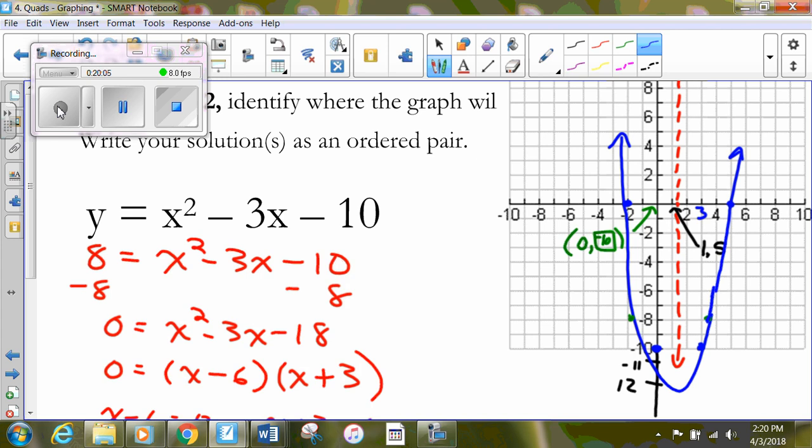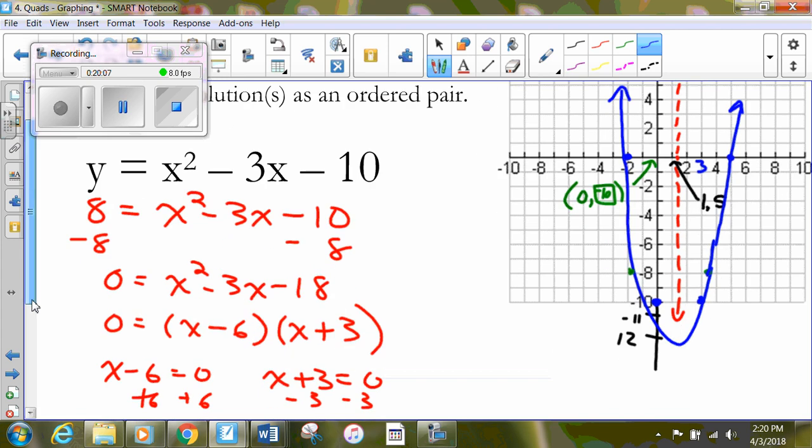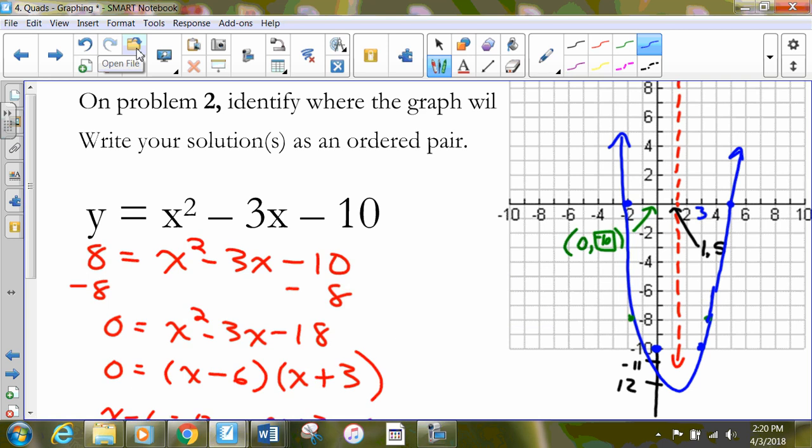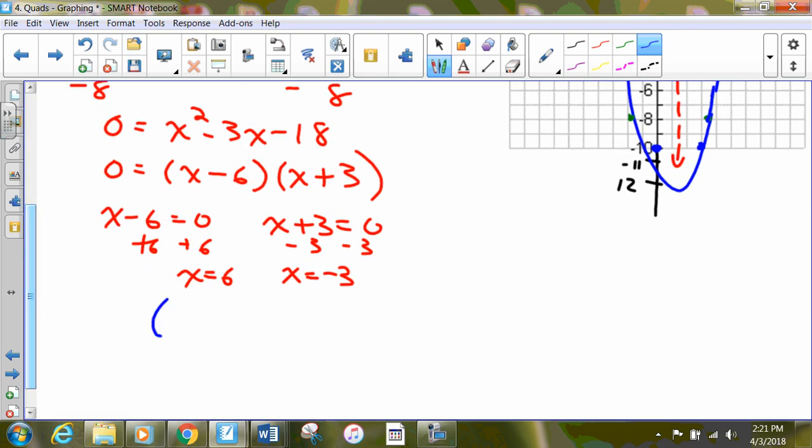All right, so does this make sense? Let's look at our answers again. So it's 6 and negative 3. When x is 6, could we be up to 8? Absolutely, that's believable. Look, if we extend that, look how close that is. Totally believable. How about negative 3 up to 8? Yeah, we probably have to bend a little bit more, but that is believable. So once again, we have to write our answers in coordinate point form.